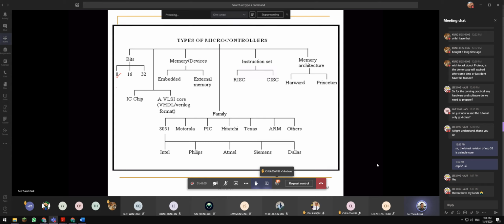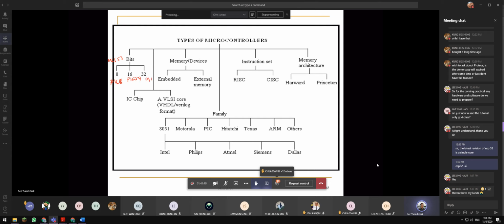For example, 8-bit is PIC18, and most of the MCS51 family. You can Google a bit. This is a conventional type of microcontroller, but it's still in use in the market. PIC16, I just briefly mention, like PIC24 is PIC16.